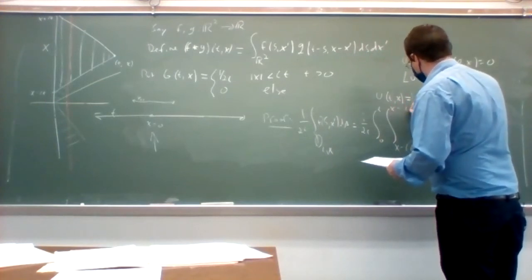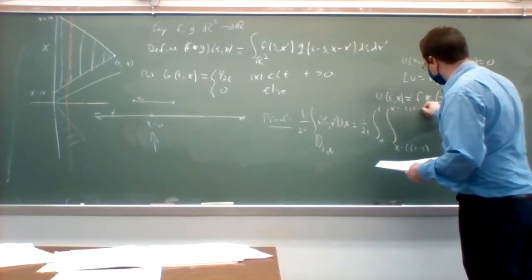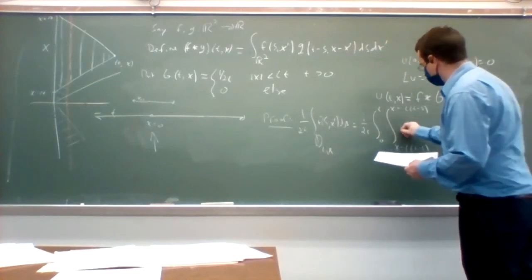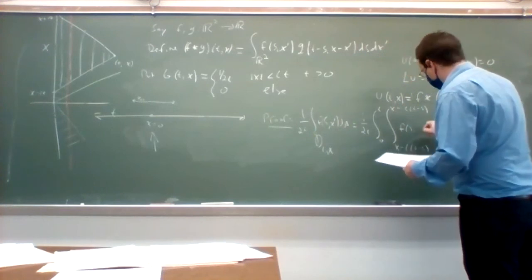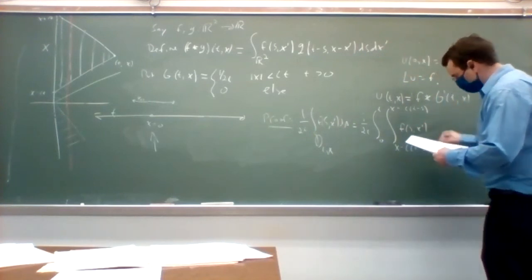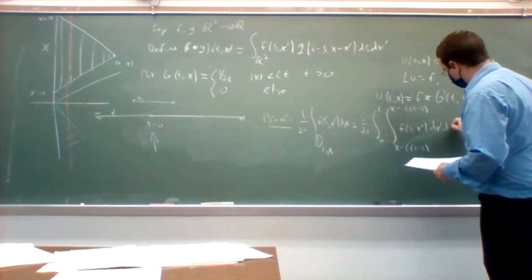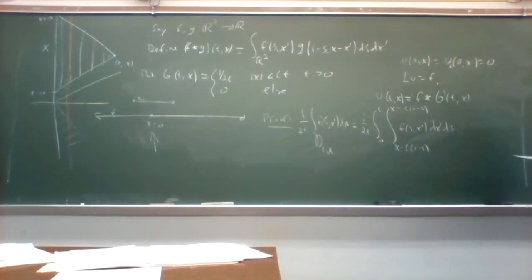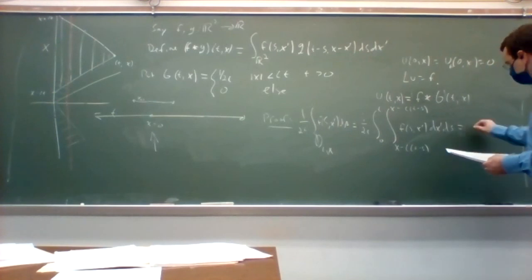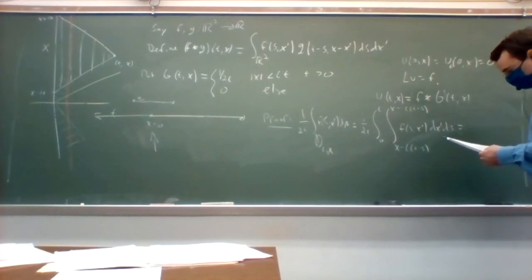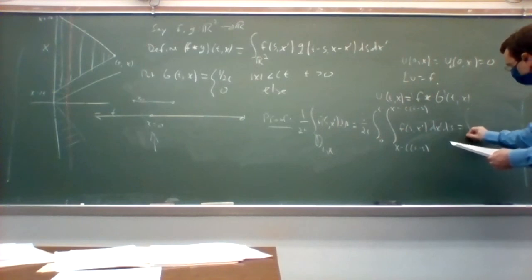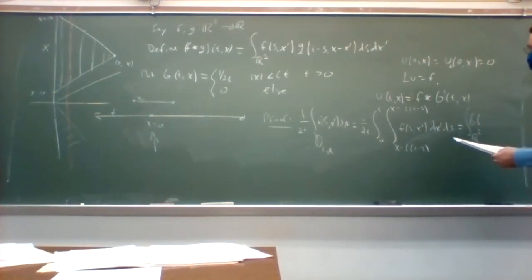Remember way back when we agreed this was the domain of integration for the iterated integral. I was kind of preparing for this moment. And I claim to you that this is it. This really is G. So I should have written this as G star F.